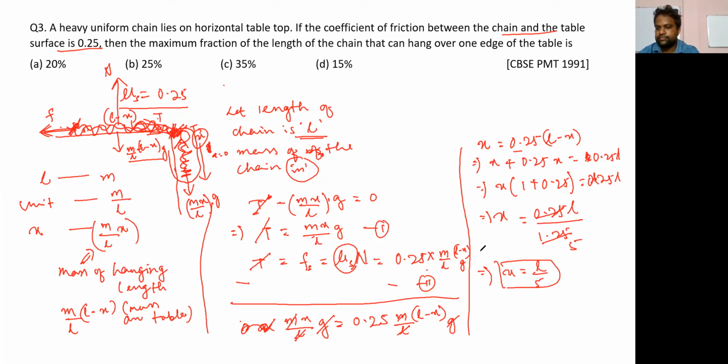Now you got it. x is equal to L upon 5, which means the hanging portion is L upon 5. So what is it in percentage?